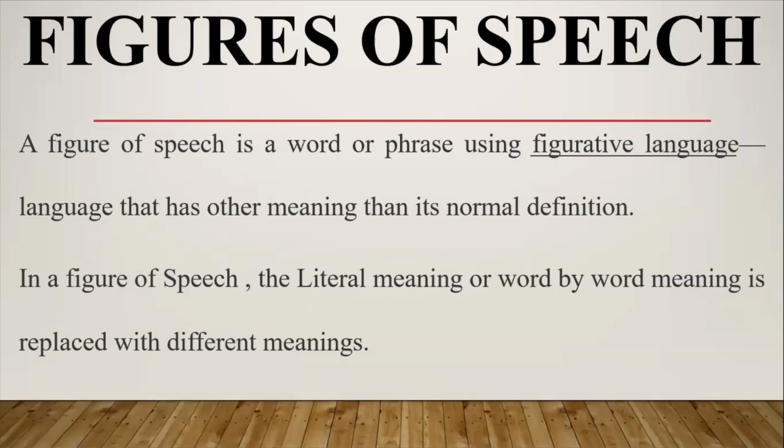Figurative language has a meaning other than its normal definition. In a figure of speech, the literal, word by word meaning is replaced with a different meaning. For example, she's dancing like a peacock means she's dancing gracefully. Did you understand? This is figures of speech.